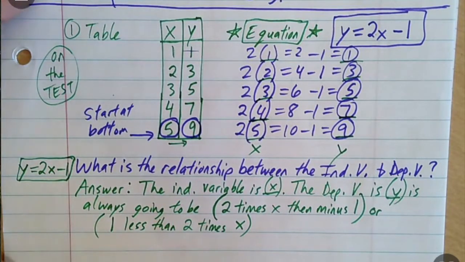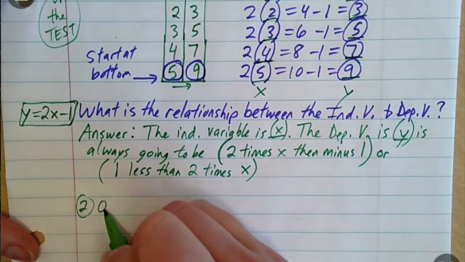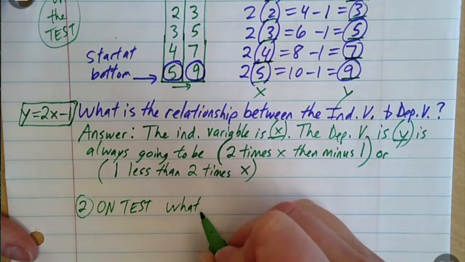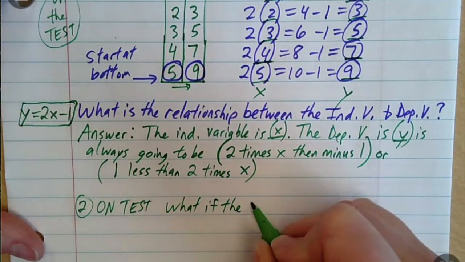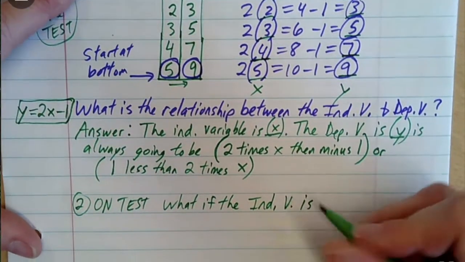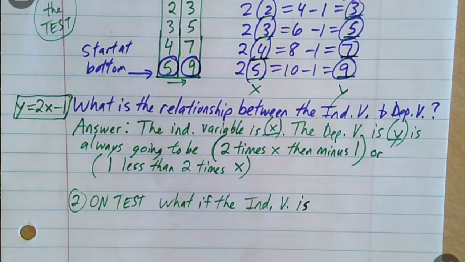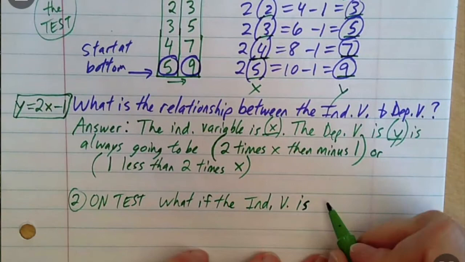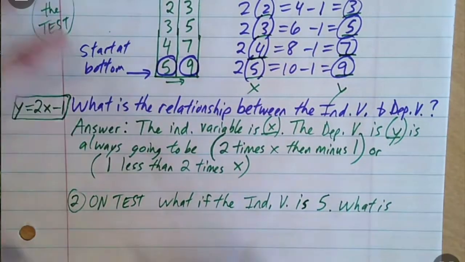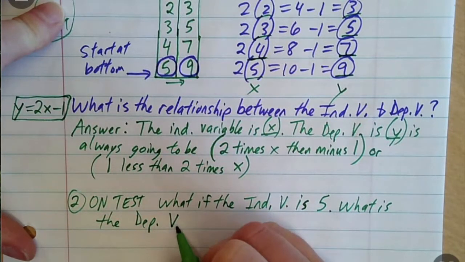So the next question that I might ask you on your test, what if the independent variable is, and I'm going to go up a step, well, I kind of gave it to you already. I said, what if it is 5? What is the dependent variable?